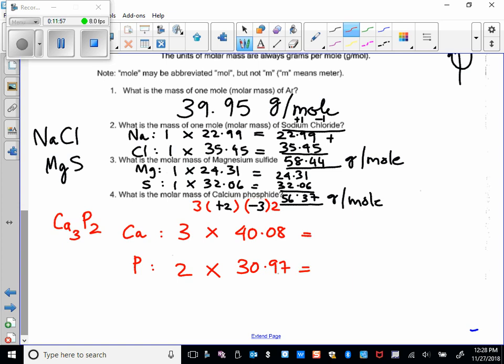And now I multiply. What is 40.08 times 3? 122? 120 or 1.2? 120. Do that again. Do 40.08 times 3.